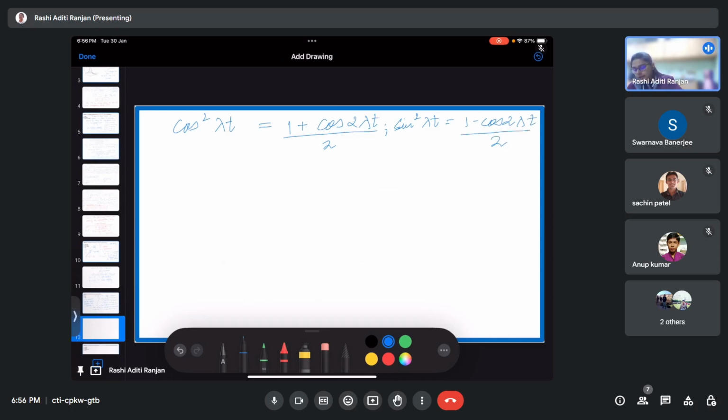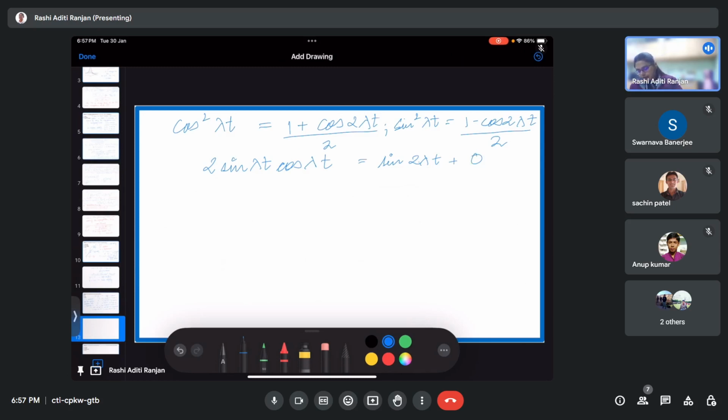And the remaining one, which is twice of sine of lambda t into cos of lambda t, would give us, anyone? Twice of sine a cos b will be sine of (a plus b), which will be twice of lambda t, plus sine of (a minus b), which is 0. So sine of 0 is 0. Correct?